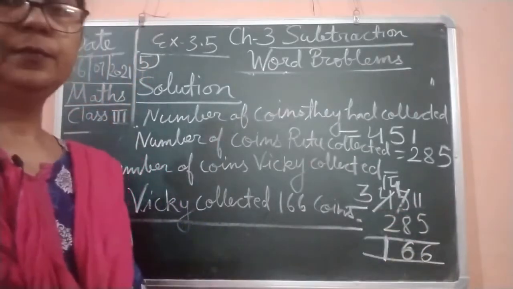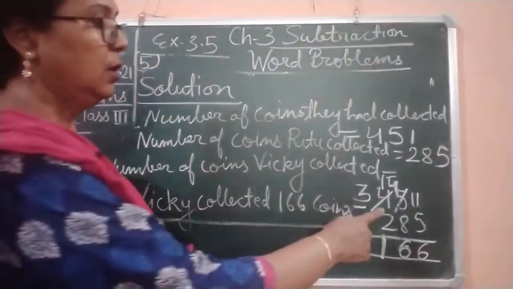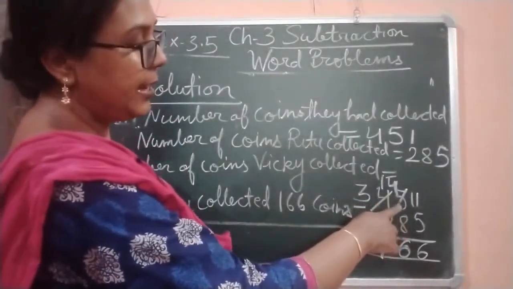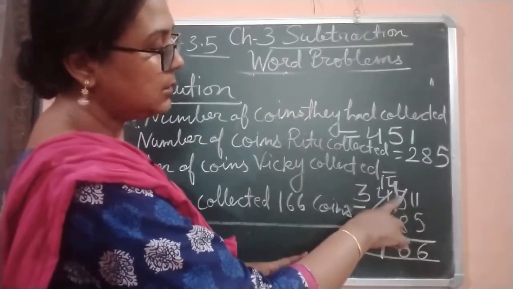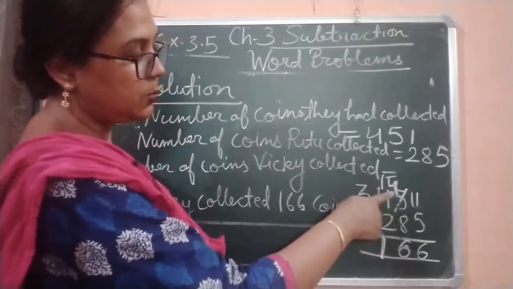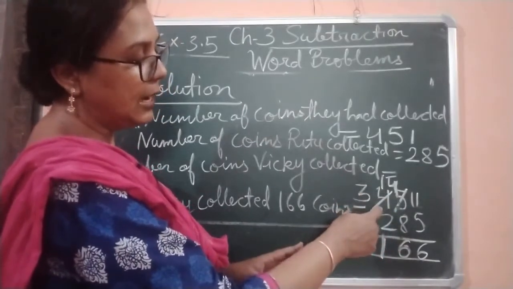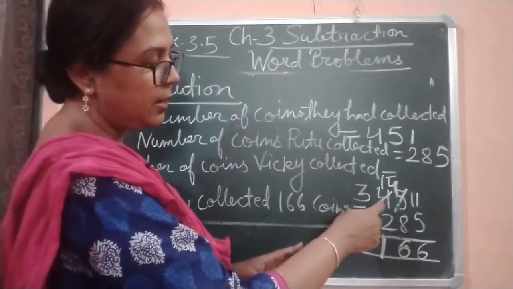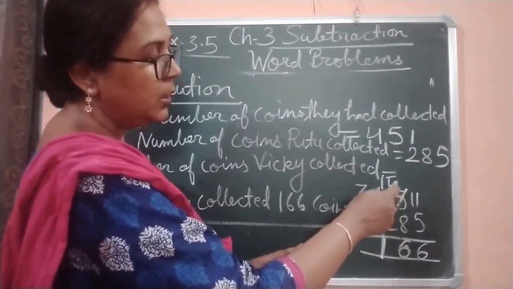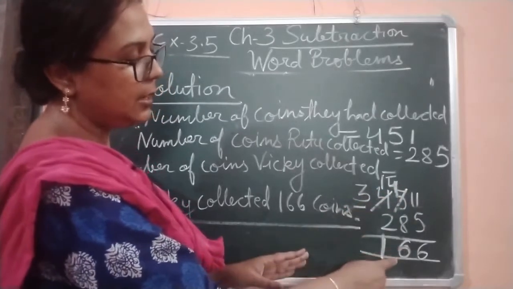Now children, here you can see the 4 tens is left over. So 4 is smaller than 8. What do we have to do? We have to ask for help from the 100. So 400 will give 1 to the tens, and it will become 14. 14 minus 8 is 6.